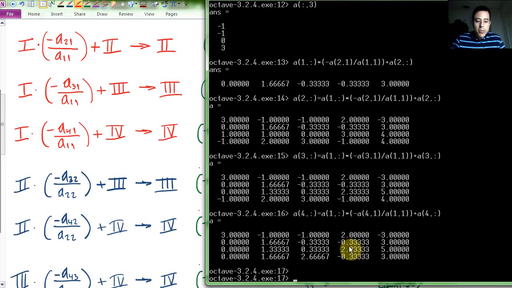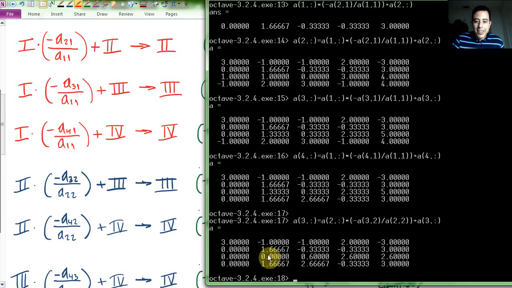And then let's do the other operations. Now we're going to replace row 3, okay? It will be equal to row 2 times negative A32 divided by A22, and then plus row 3. See here?